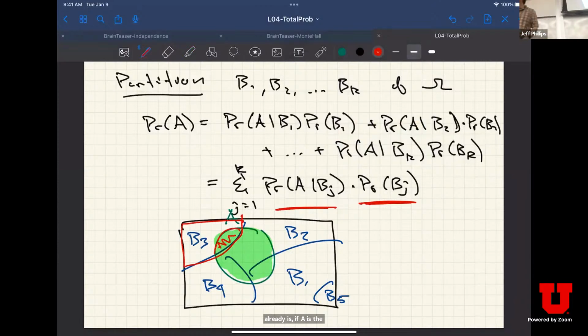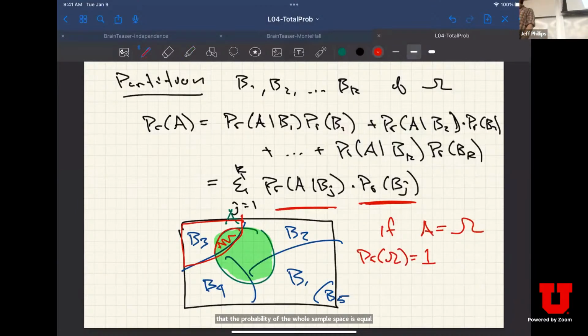If A is equal to the whole sample space, then we know that the probability of the whole sample space is equal to 1. This is by definition.